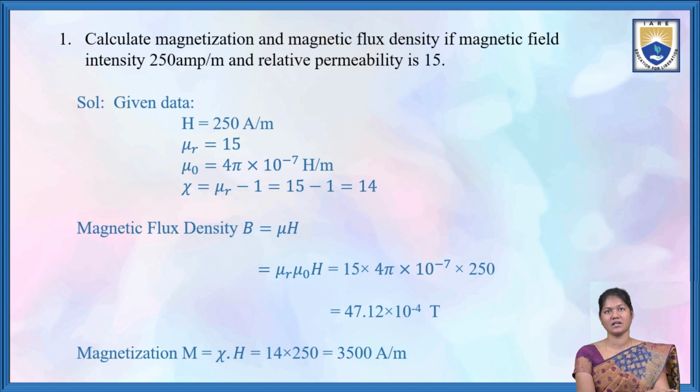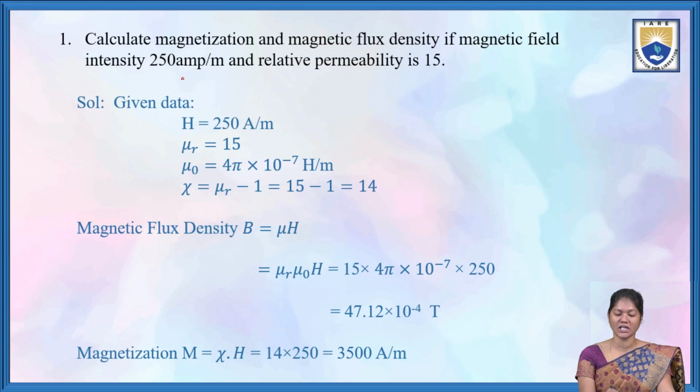So, first one: calculate magnetization and magnetic flux density if magnetic field intensity is 250 amperes per meter and relative permeability is 15.